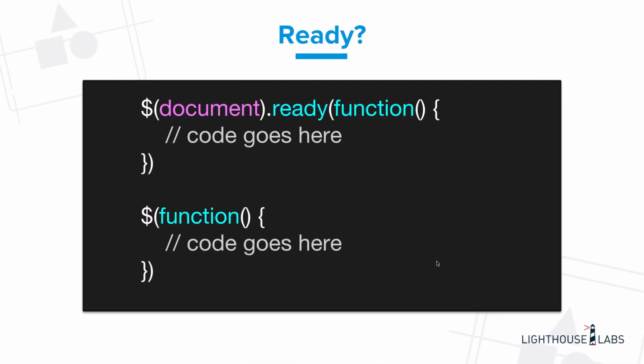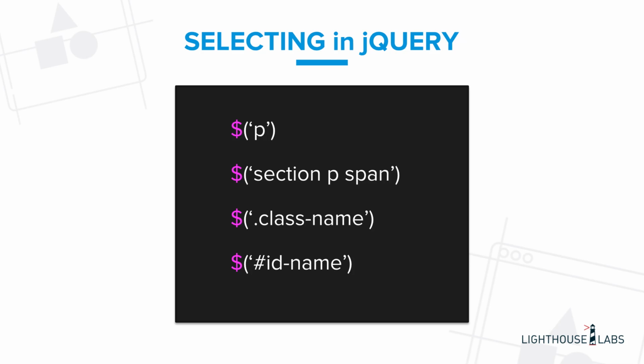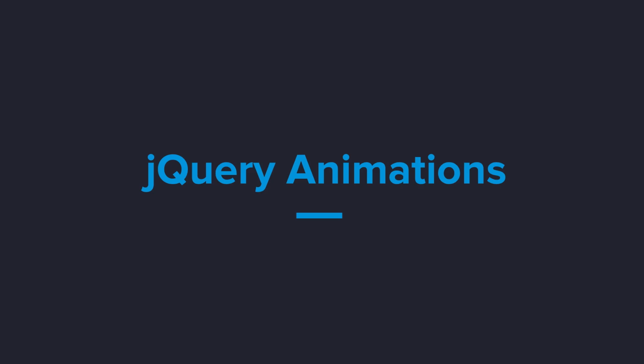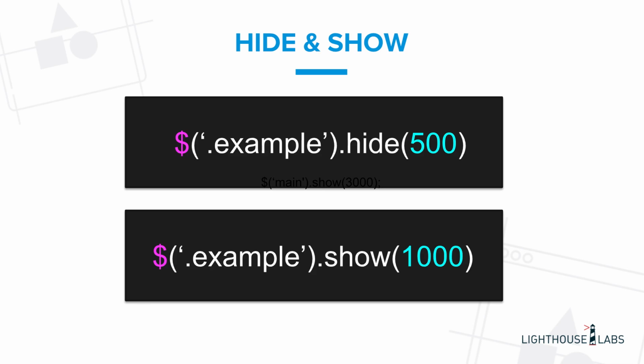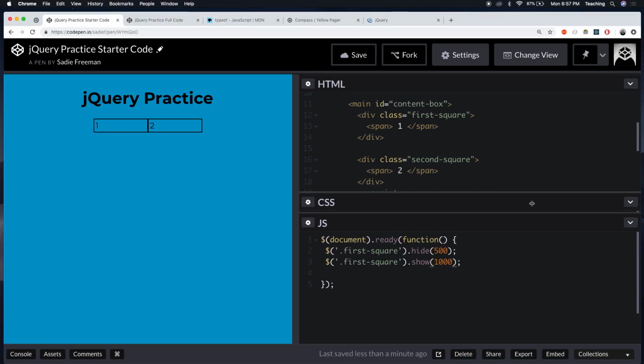Cool, so we talked about selecting elements, and I'm getting ahead of the slides, but I showed you those jQuery animations. This is the hide and show. And the next one we've got is slide up and down. So we can do that as well. So instead of hide and show, let's say slide up.